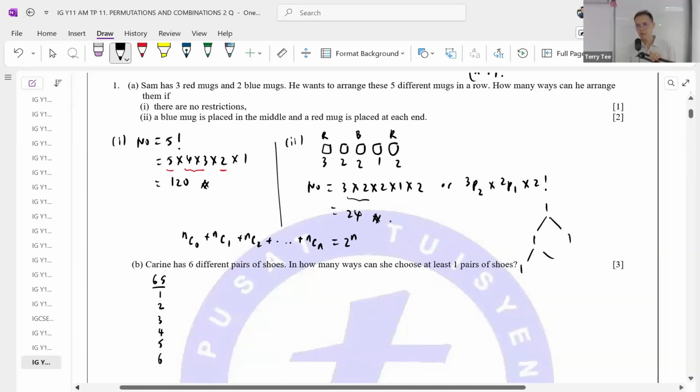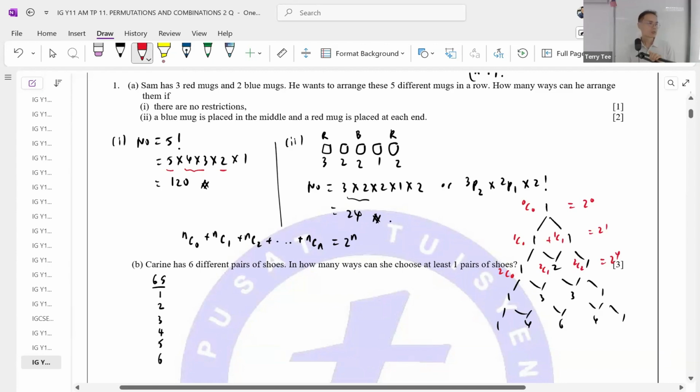This is 1, 2, 1. 1, 3, 3, 1. 1, 4, 6, 4, 1. Do you know that this is 0C0? This is 1C0, 1C1. 0C0 is actually 2 to the power 0. This one you add together is 2 to the power 1. This is 2C0, 2C1, 2C2. You add together is 4, right?